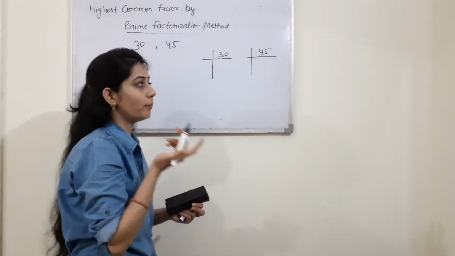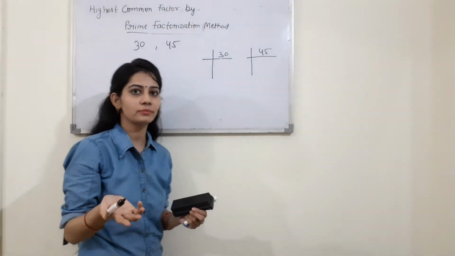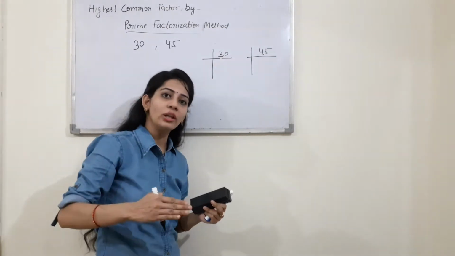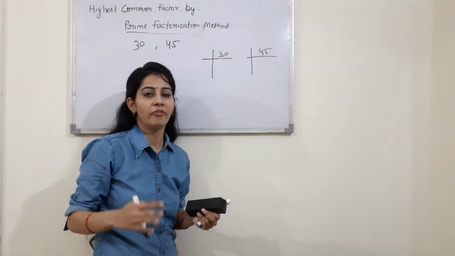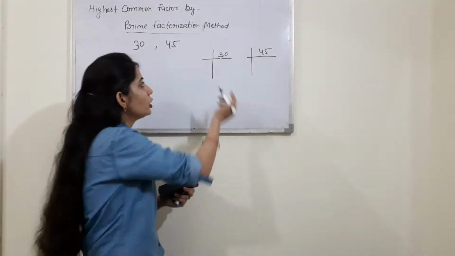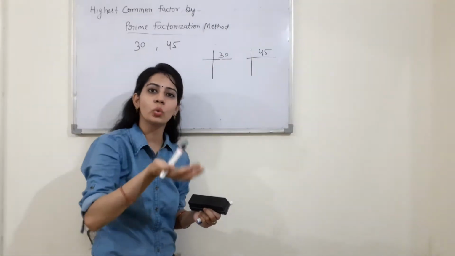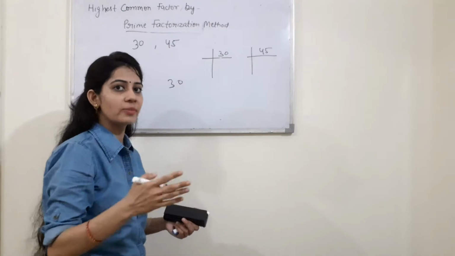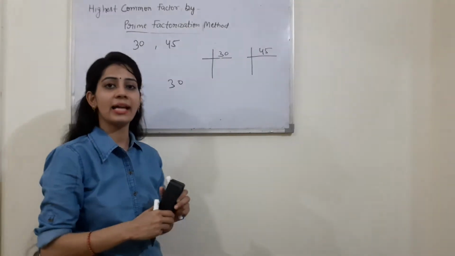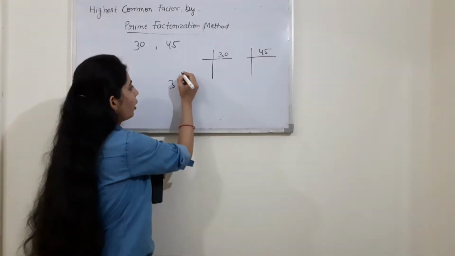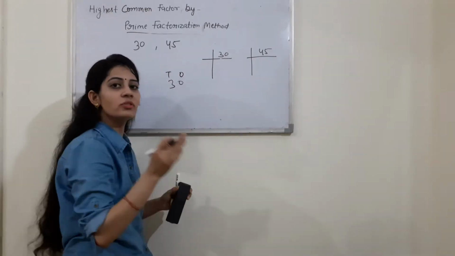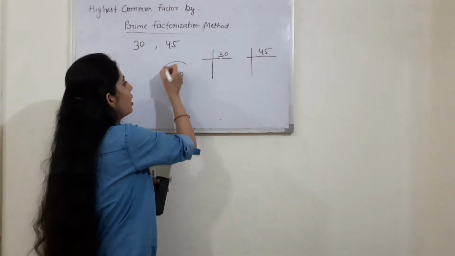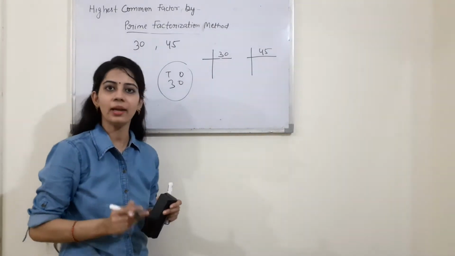Yes, it does. How do we ensure that? We have to recall the divisibility rules. The divisibility rule of 2 says that if on the ones place we have 0 or any even number, that means the whole number is divisible by 2.